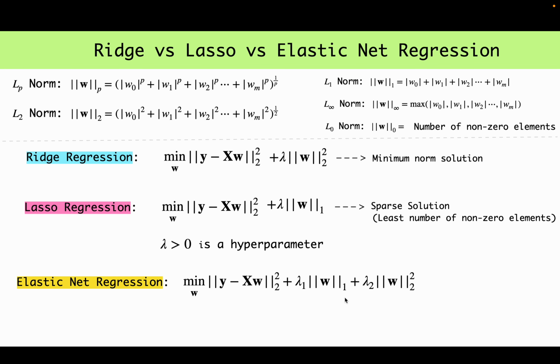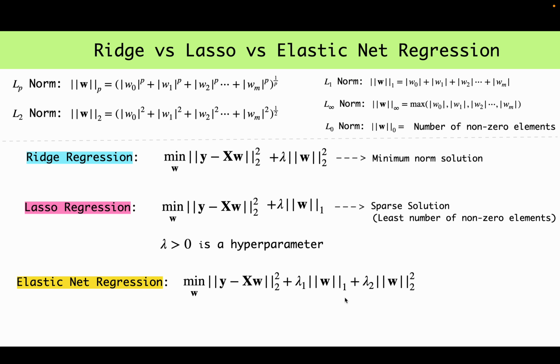The third way of doing regularization is called elastic net regression, where we have both L1 norm and L2 norm applied on the weight vector W, and there are two constants, lambda 1 and lambda 2. Appropriately weighing lambda 1 and lambda 2 will emphasize one particular norm.